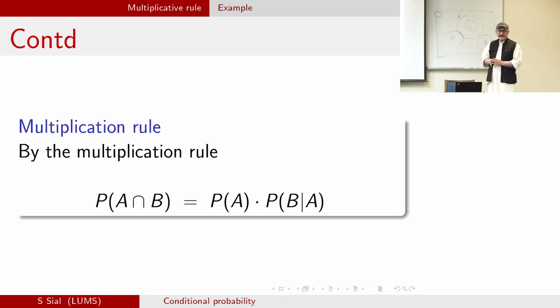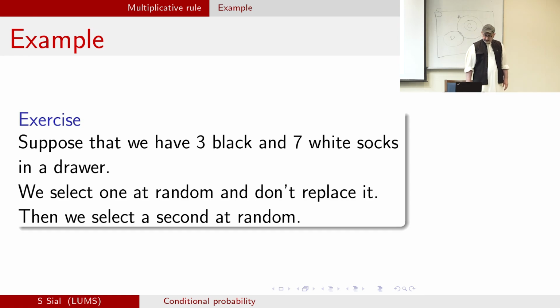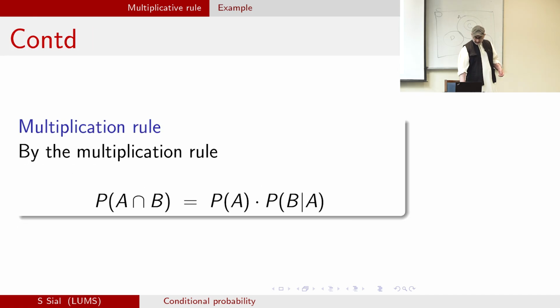What's the probability of A? What did we have? 3 black and 7 white. We had 10 socks. 3 out of the 10 were black. So what's the probability of drawing a black sock at random first? 3 out of 10. So we know how to find the probability of A. What was B? B was the probability of drawing a white sock on the second draw.